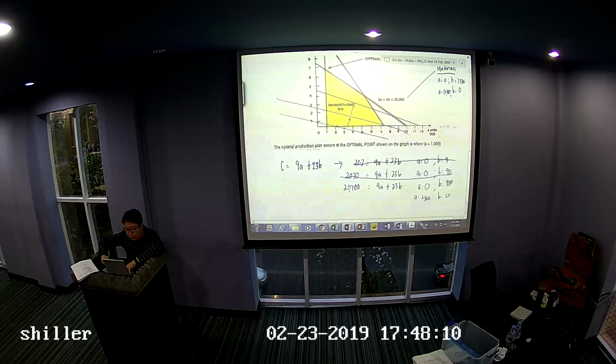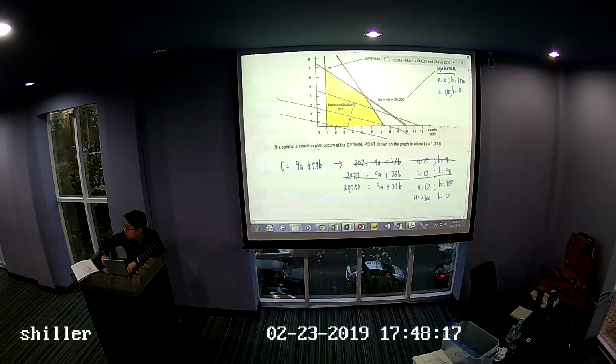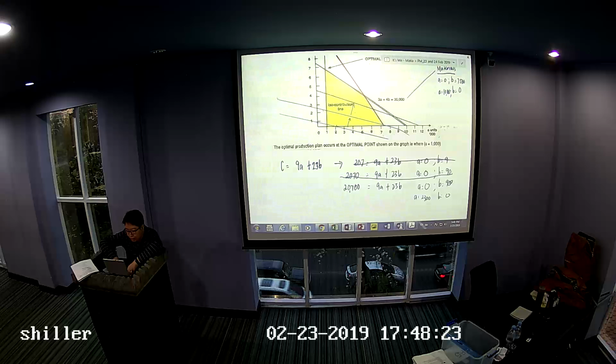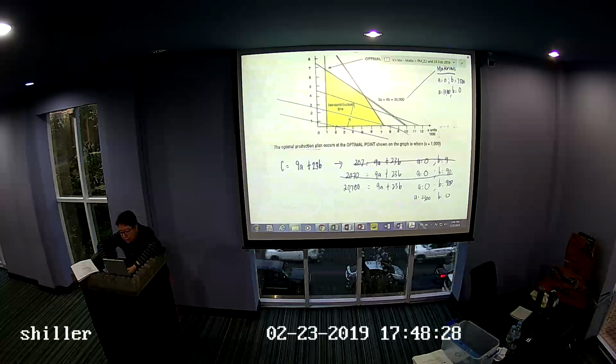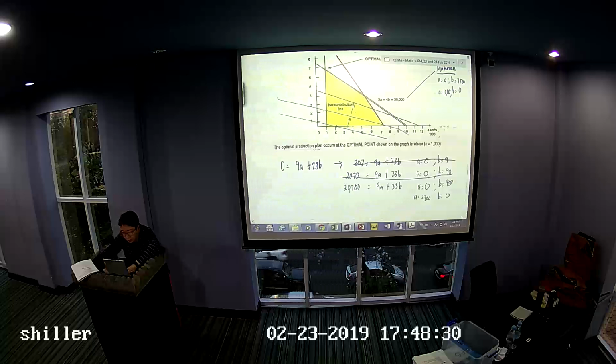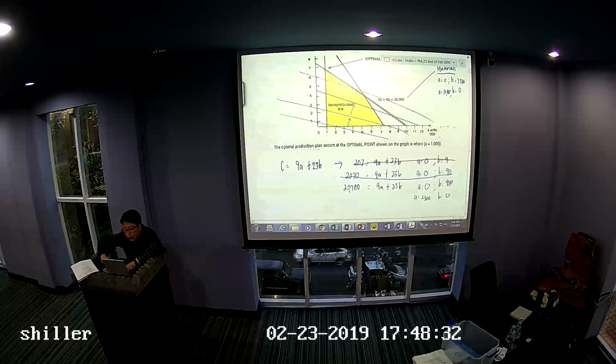Can we go further up? Yes. Are we reaching the end of the feasible region? Not yet. So I can still make my line go up and up, correct? Okay, so it goes there. It's not yet touching the end of the feasible region. So what happens now? Do I stop?